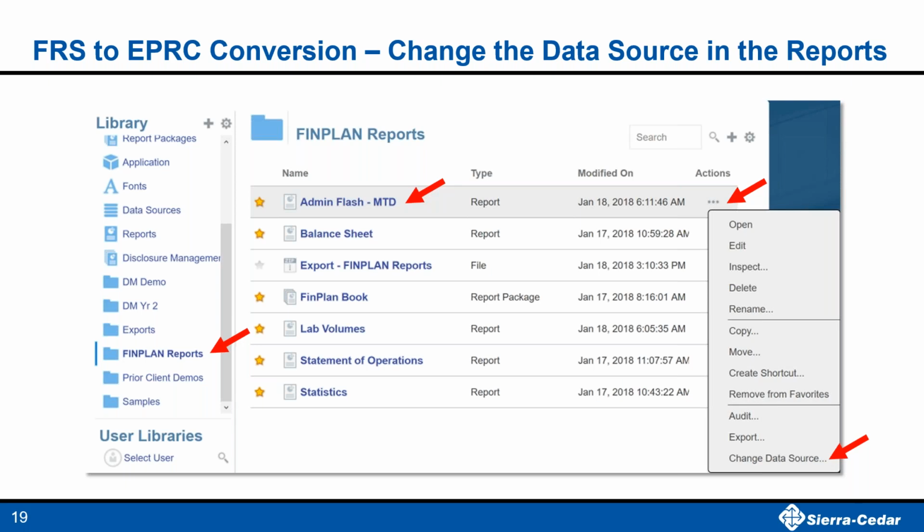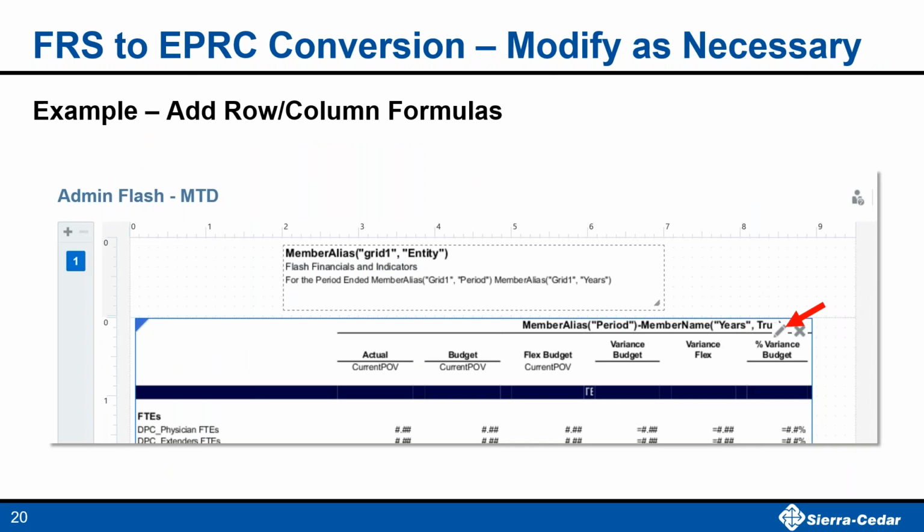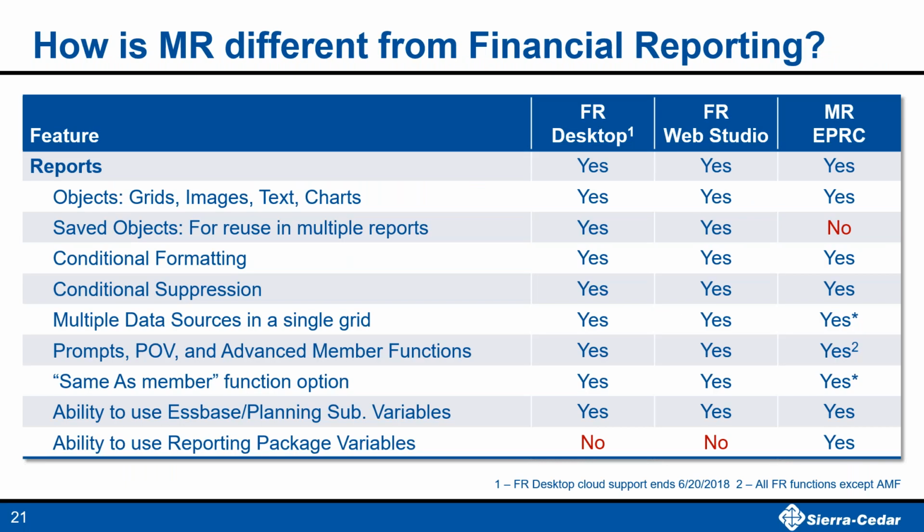Those are going to be the basis of our demonstration today. So with that, I'm going to turn it over to Jay, and Jay's going to do a couple quick comparisons of features between financial reporting and management reporting, and then we're going to jump right into the demonstration. So Jay? Yeah, thanks.